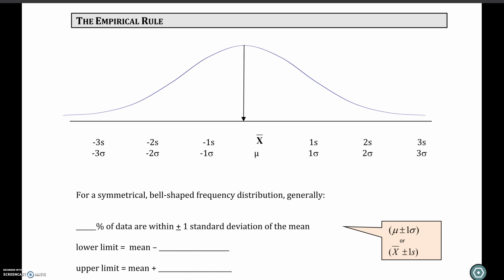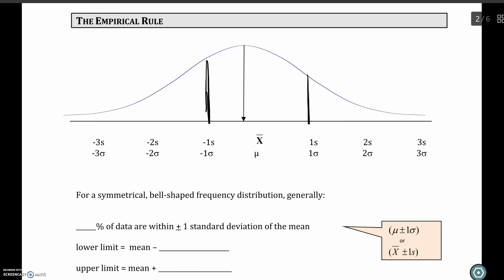Our first generalization, before tomorrow's lesson where we'll be converting our x values into z-scores, helps us ballpark estimates, and that's the empirical rule.